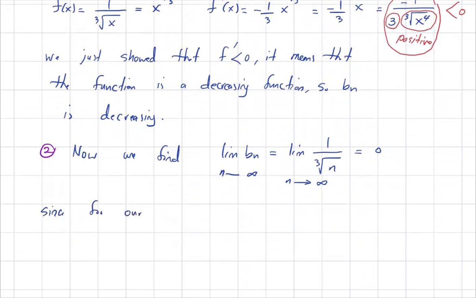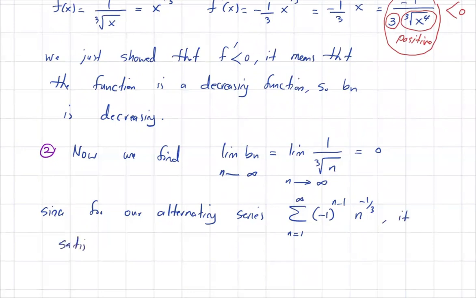Since our alternating series, the summation of -1 to power n minus 1 times n to power negative a third, satisfies both conditions, this is a convergent series.